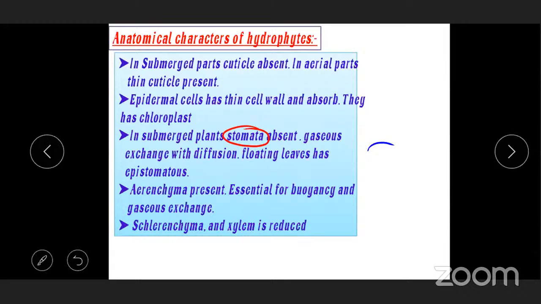The plants which are floating, the floating leaves, have epistomata. Epistomata means stomata on the upper epidermis, versus the lower epidermis. You have already seen in anatomy, in 10th class, the TS of a leaf, which consists of two epidermises, the upper epidermis and the lower epidermis.